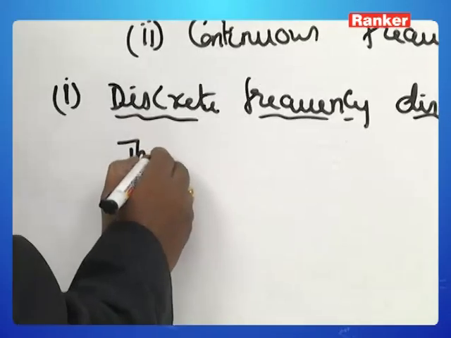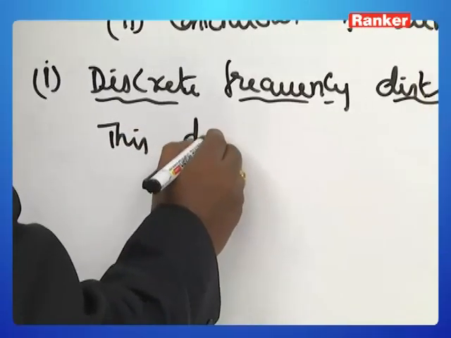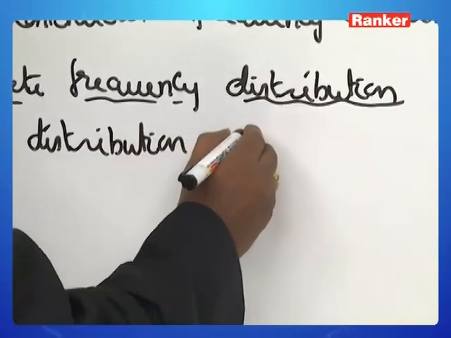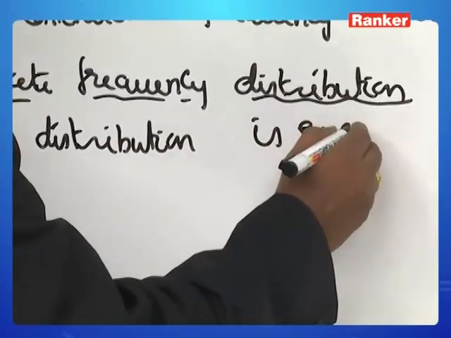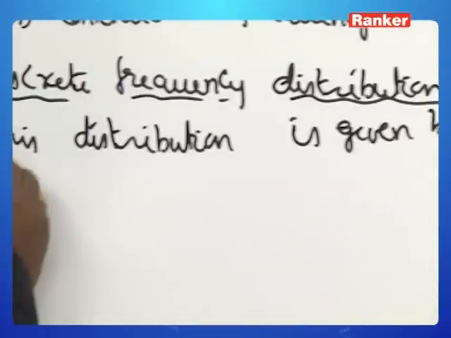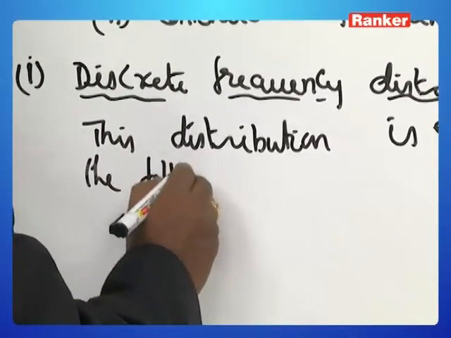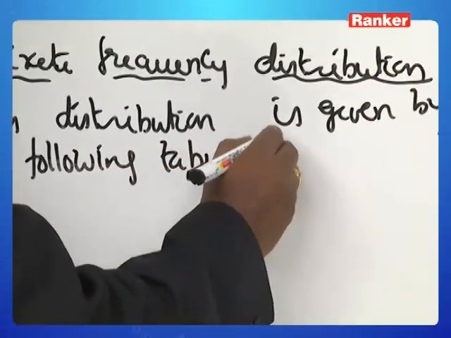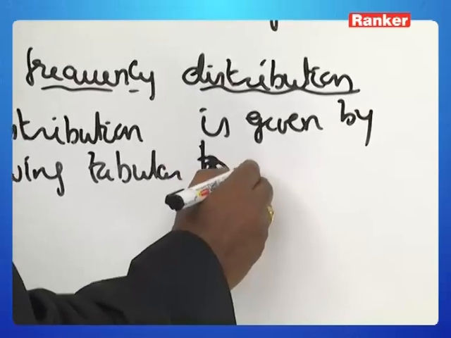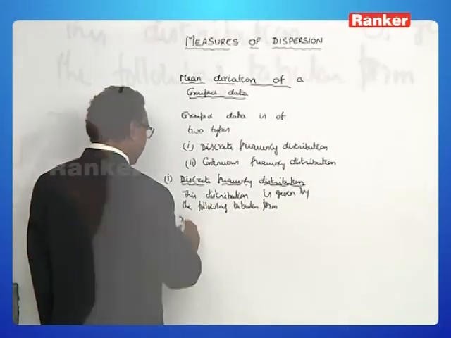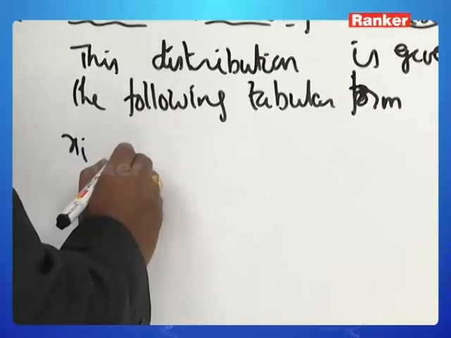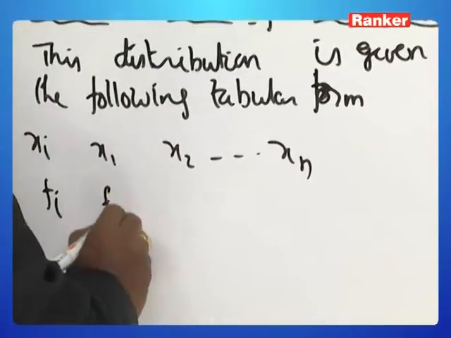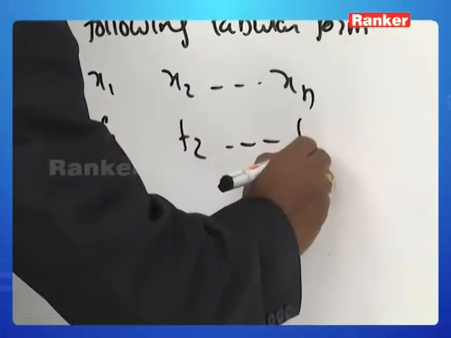This distribution is given by the following tabular form. Now xi and fi: x1, x2, so on xn, f1, f2, so on fn.